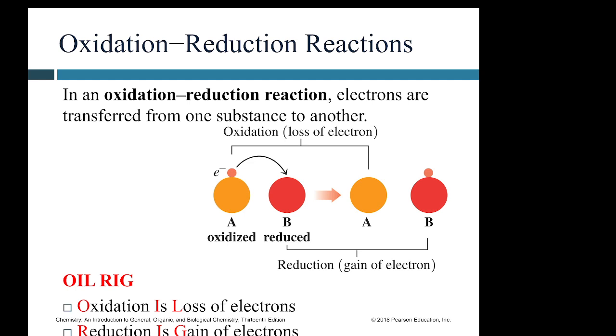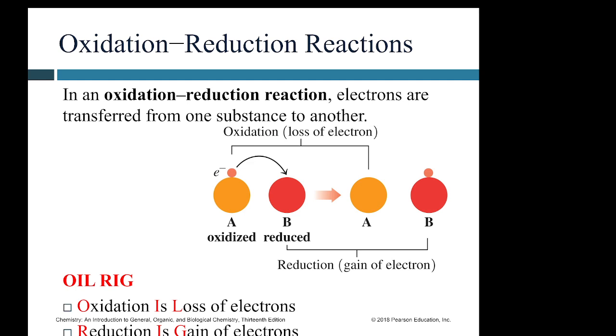And if I have something taking something, what else do I have to have? Yeah, I have to have a loss to get a gain, don't I? And vice versa. To get a gain, I have to have a loss. And so when we talk about oxidation reduction reactions, if an oxidation occurs, that means a reduction has to have occurred as well.